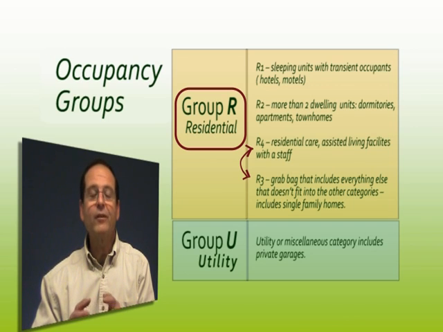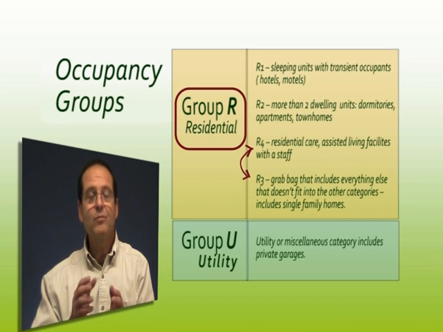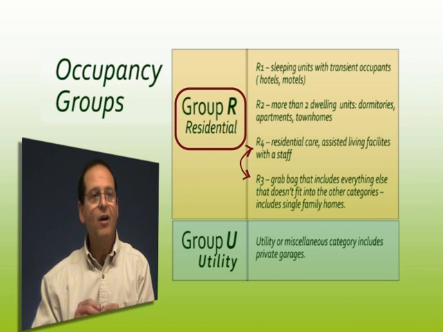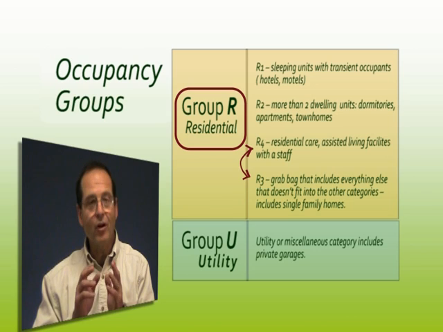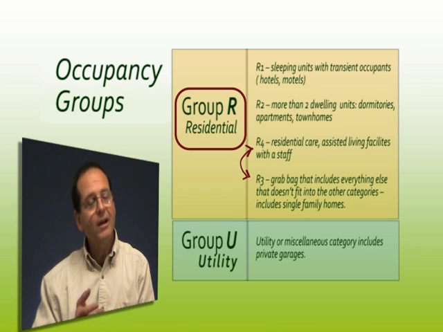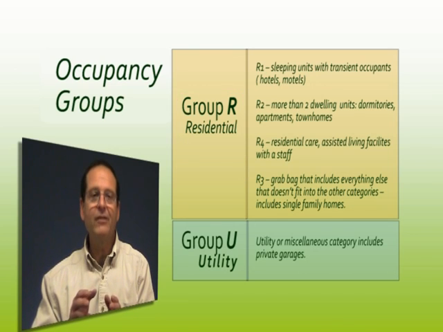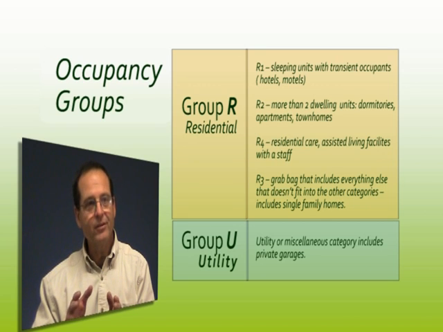The reason for that is 1, 2, and 4 are very specific with respect to the occupancy, who's going to be in it, whether it's transient, non-transient, etc. R3 is a little bit of a grab bag. So I can tell you right now we're going to be in R2. Even though it doesn't say condominiums, it's going to fit in that whole grouping of dormitories, apartments, townhouses, things of that nature. So just plan on it. When you get into a project like this, it's going to be R2.